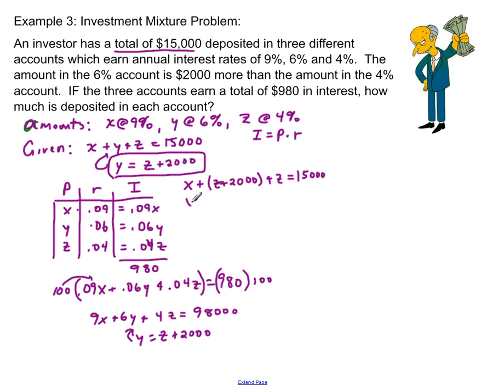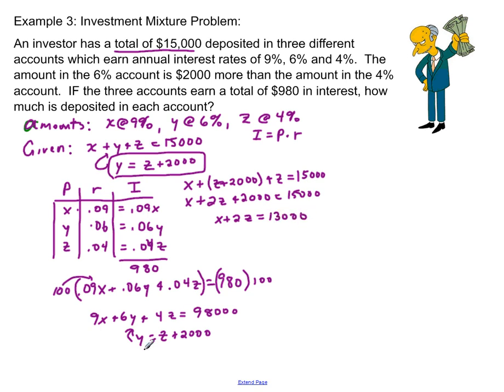Which modifies as x plus 2 times z plus 2,000 equals 15,000. And so I can subtract here, and I'm going to get x plus 2z equals 15,000 minus 2,000 gives me 13,000.